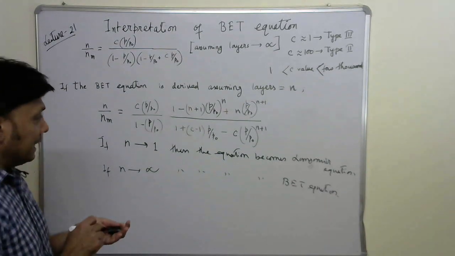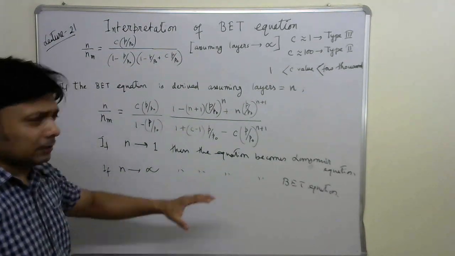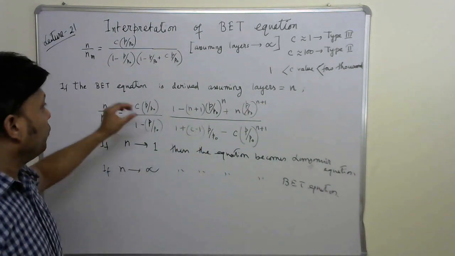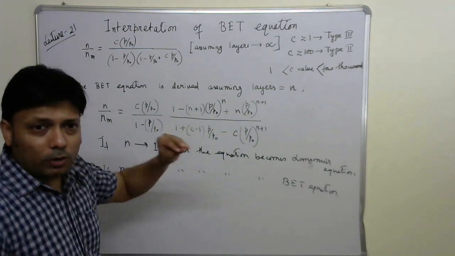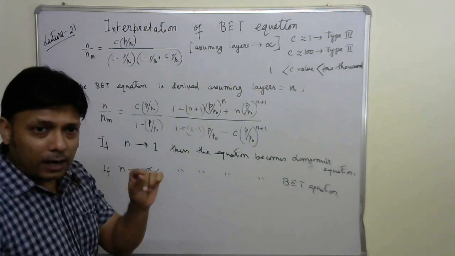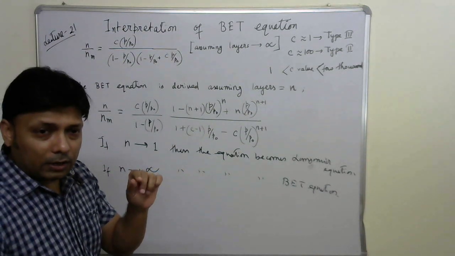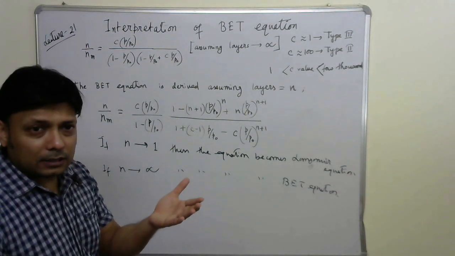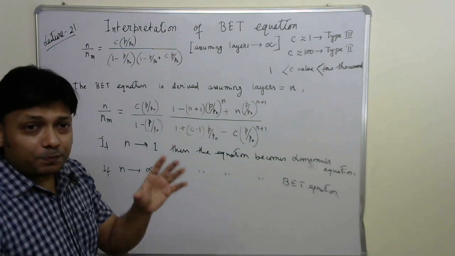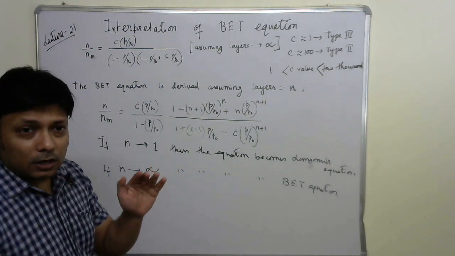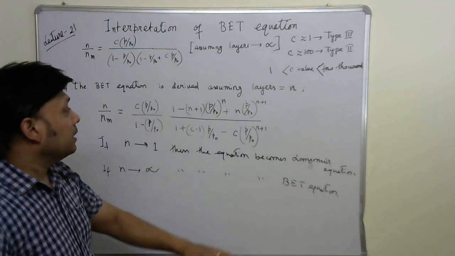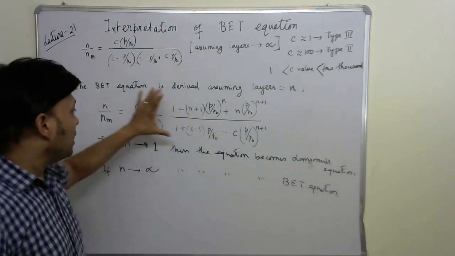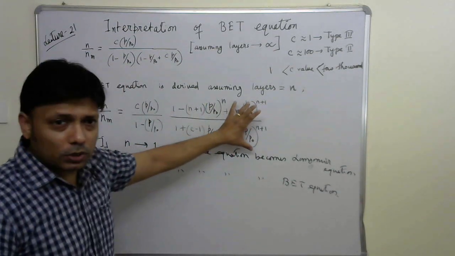So as I was telling, what is the proof that if we think that the molecular adsorption is limited to one layer, can the BET equation say that it gives rise to a type 1 adsorption isotherm? The answer is yes, and the answer lies in this equation itself.